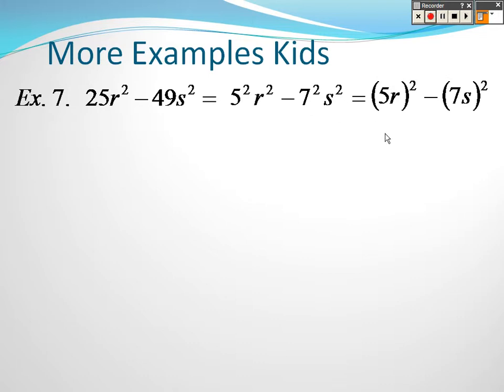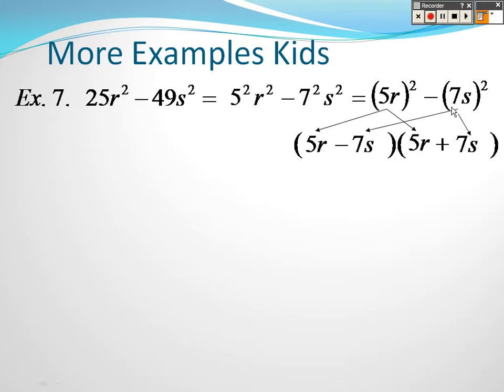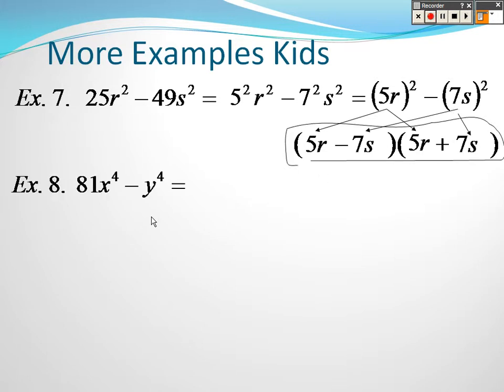So 5r is the first term, 7s is the second term. So because these are differences of squares, I take the first term minus the second term, and the first term plus the second term. That's all I'm doing. That's the difference of squares. And there's your answer.